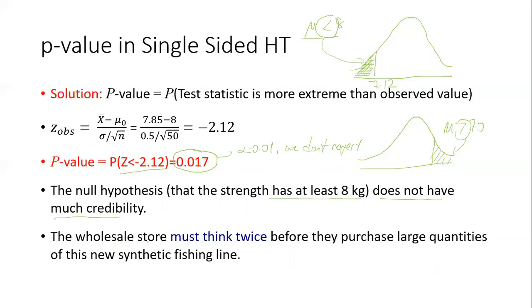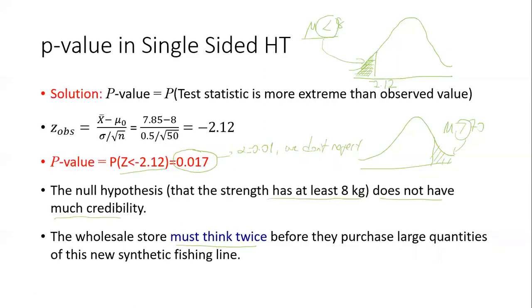Hence, the wholesale store, which was Decathlon in our example, must think twice before they purchase large quantities, because this hypothesis can be rejected only at the alpha equal to 0.01 level. If you are not given an alpha level, you may just reject the hypothesis and say that mu is smaller than 8.